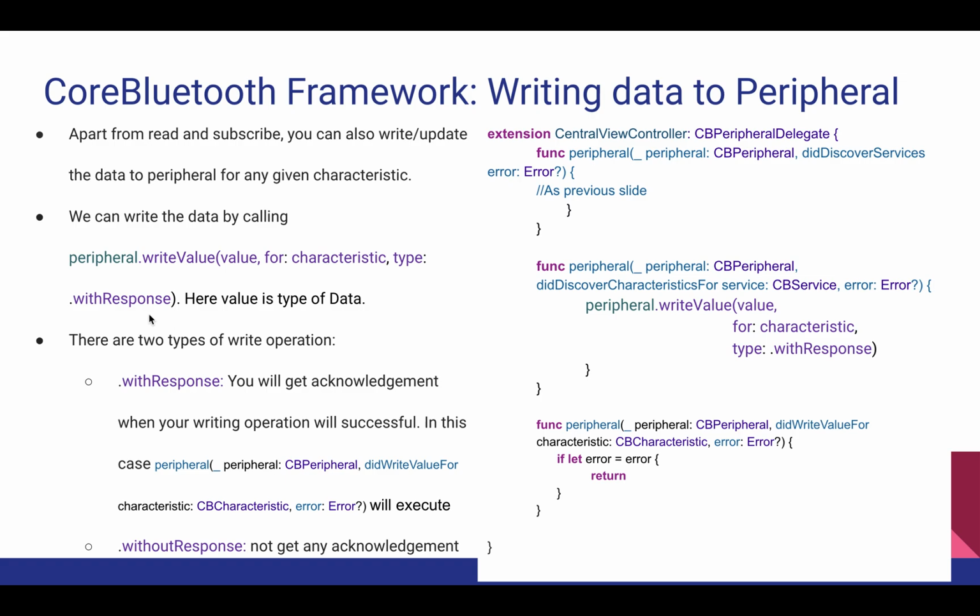If you are passing withResponse as the type, then you will get an acknowledgement when your writing operation is successful. In this case, the didWriteValueFor characteristic function will be executed. But if you are passing withoutResponse, then this function will not be executed and you will not get any acknowledgement.